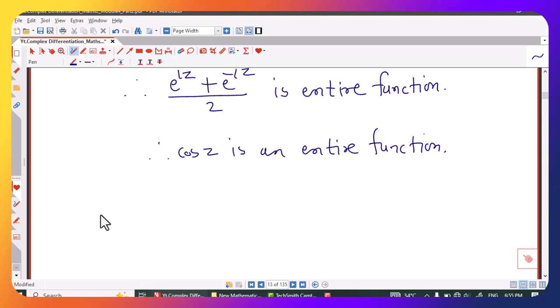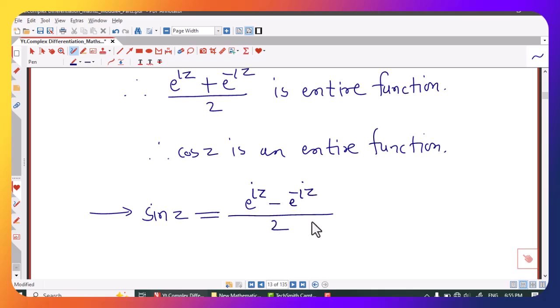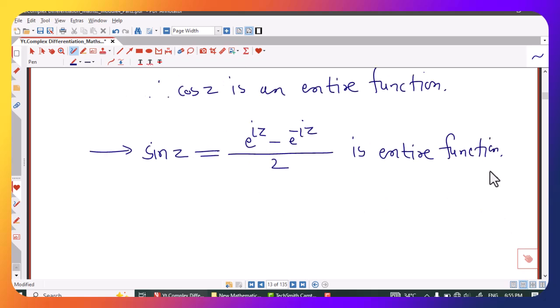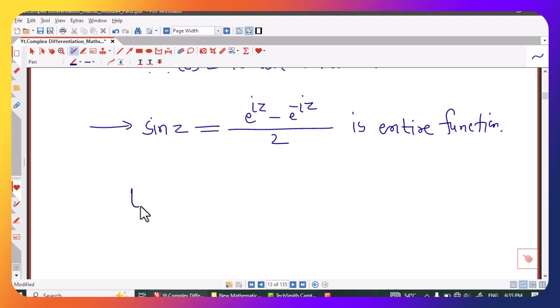Similarly, we can prove that sin z is also an entire function. Sin z is also a linear combination of e raised to iz and e raised to minus iz. So sin z is also an entire function. For the remaining trigonometric functions, suppose I have tan z, then I have sin z divided by cos z.